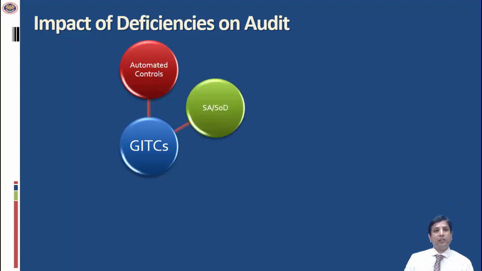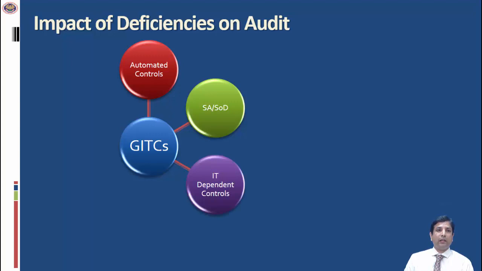Also, if there is a deficiency in the operation or the effectiveness of GITCs, it is likely to impact our reliance on the sensitive access and segregation of duties which are implemented in the ERP. We may not be able to rely totally on the sensitive access and segregation of duties.